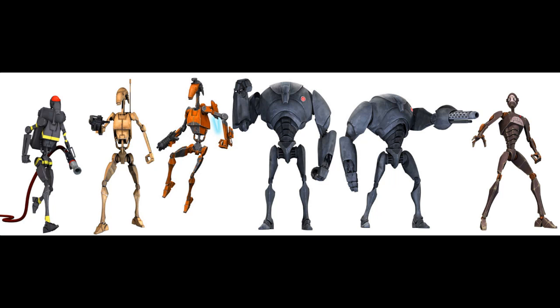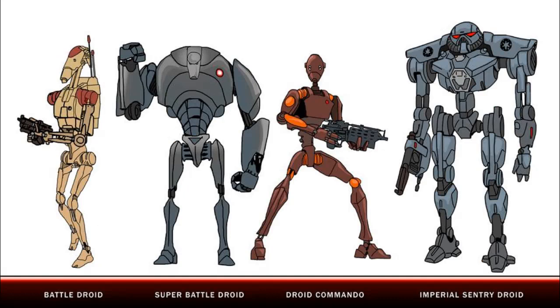Apart from other local military forces of other member systems and sectors of the Confederacy of Independent Systems, such as the Geonosian forces of the Stalgasan Hive, the Umbaran Militia, and others.